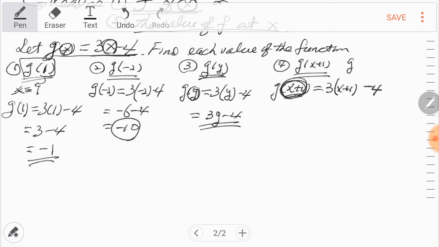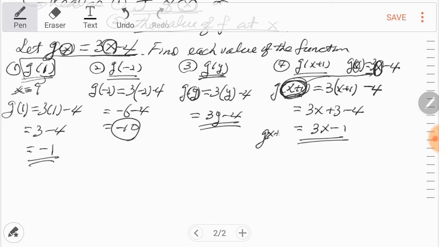What we are doing is replacing this x with the given input. So 3 times x plus 1 minus 4. And then simplify this: 3x plus 3 minus 4, that is equal to 3x minus 1. So this is the output, the expression for g of x plus 1.